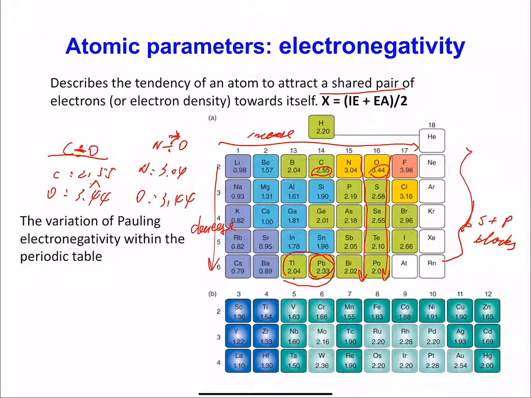Let's look at the d block. In the d block, in the same row, the first row of transition metals, you can see nearly an increase up to nearly copper, and we see a decrease here.